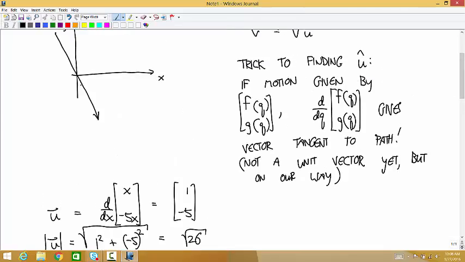I guess I did it because this isn't a method that would work if that function was more complicated. You wouldn't be able to do it by inspection if the function was 5x cosine x or whatever. You know what I mean?